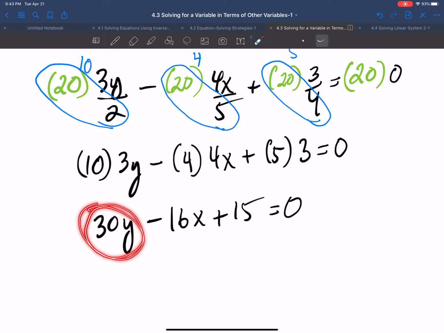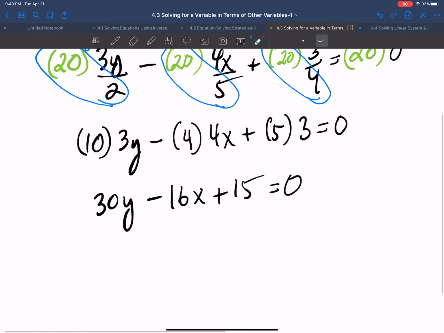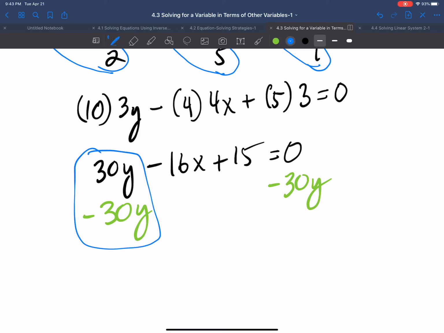I'm going to take this 30y and move it onto the other side. So I do that by doing the opposite of it. I want to make it 0 on this side. So the opposite of 30y is negative 30y. It's 0 now.